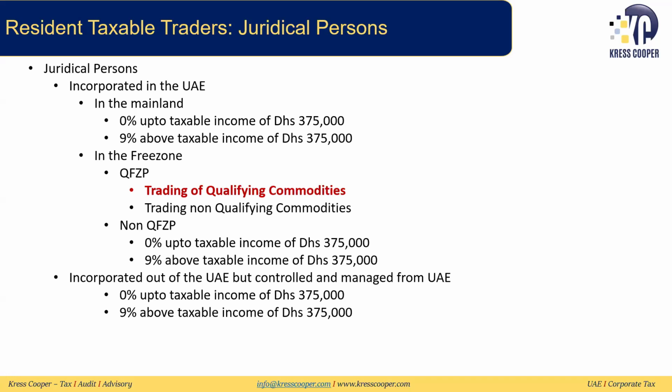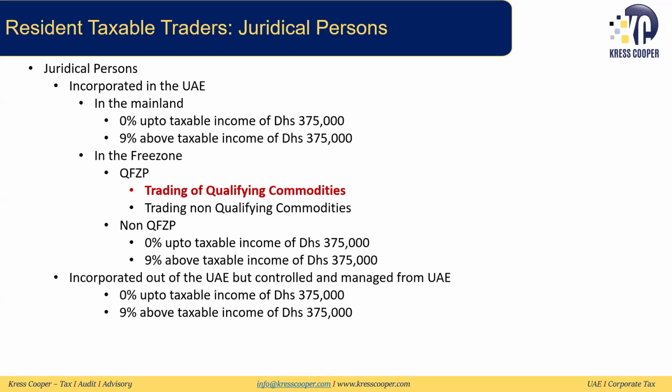There are certain exemptions or reliefs, you can say, available to the qualifying free zone person if they are dealing in qualifying commodities, and also certain traders of non-qualifying commodities, which we are not discussing today. If they are meeting the criteria for that activity, like being in a designated zone, or the customers not being end users, or meeting the de minimis requirement, then they can also enjoy the 0% rate.